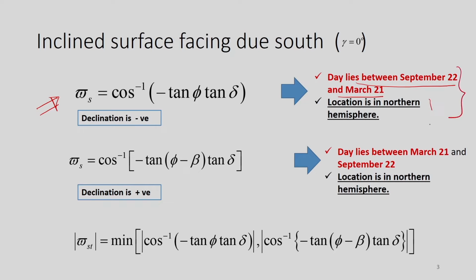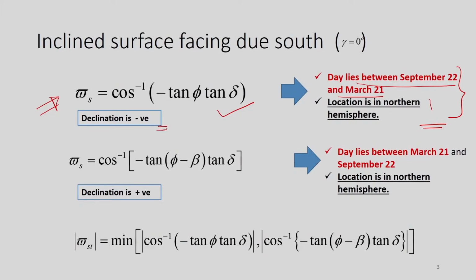If this condition applies, then we can use this expression for calculation of the hour angle. And in this case the declination is negative.